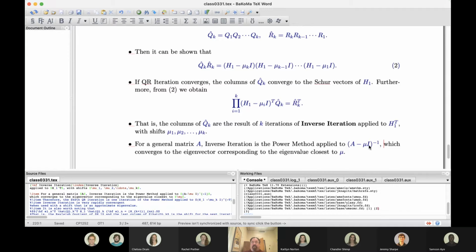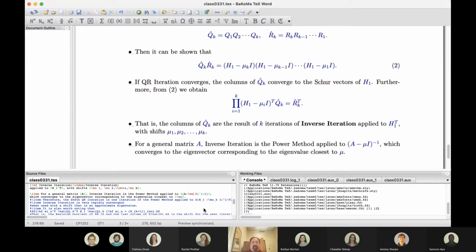So you're solving a system of equations, an Ax equals b problem, in every iteration. And then that means you're finding the largest eigenvalue of this matrix. But the eigenvalues of this matrix are 1 over the eigenvalues of A minus mu I. So inverse iteration, instead of finding the largest eigenvalue of A, is finding the eigenvalue of A that is closest to mu, whatever shift you're using.